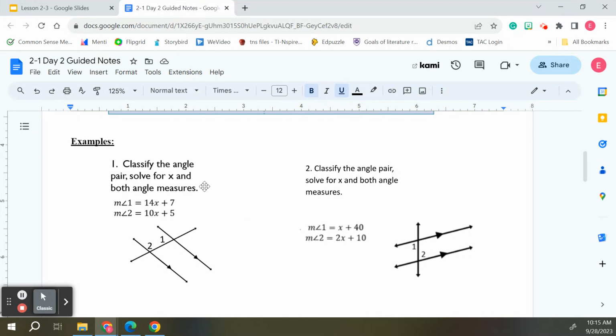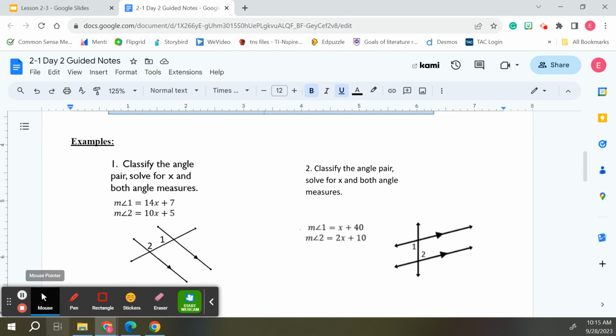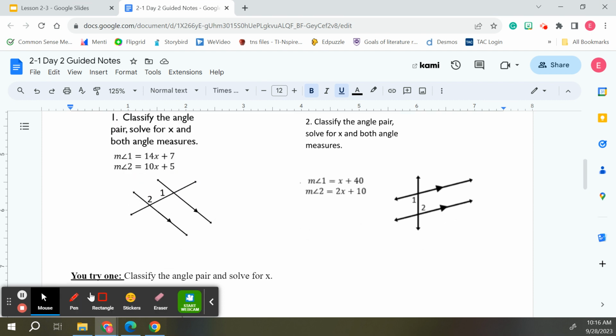Now let's take a look at example 1. Today we're going to add a little bit of algebra to these rules. Looking at the first one, we have: classify the angle pair, solve for x and both angle measures. We see that we have two parallel lines, angle 1 and angle 2.